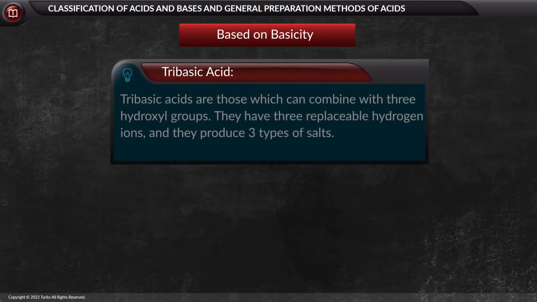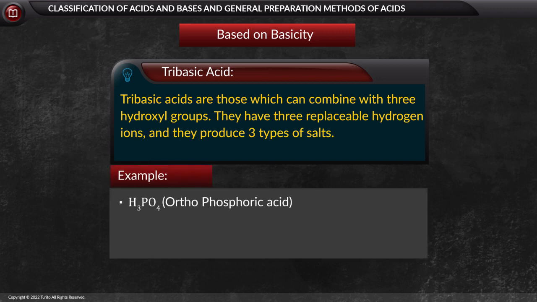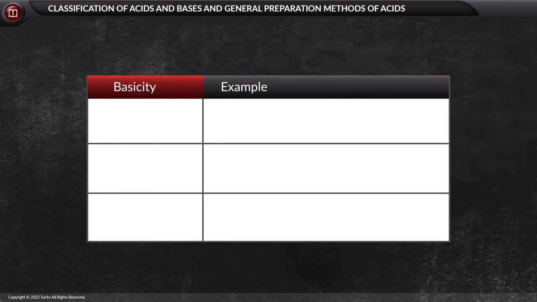Tribasic acid. Tribasic acids are those which can combine with three hydroxyl groups. They have three replaceable hydrogen ions, and they produce three types of salts. For example, H3PO4. A few of the common acids' basicity are as follows.